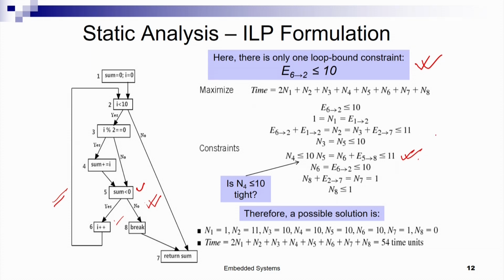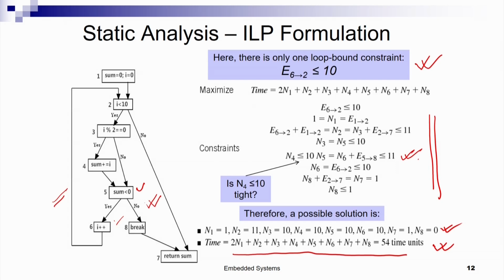So, when we get these tighter constraints, it is possible to get bounds on execution time estimates, and one possible feasible solution to this is 54 time units by putting these values on the decision variables.